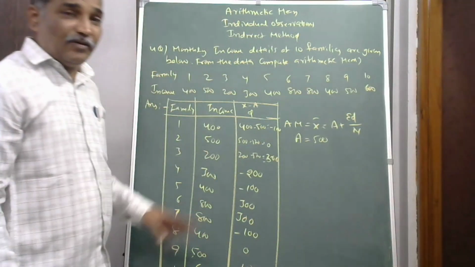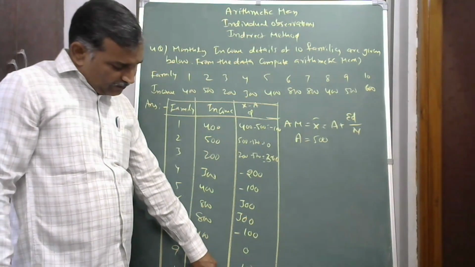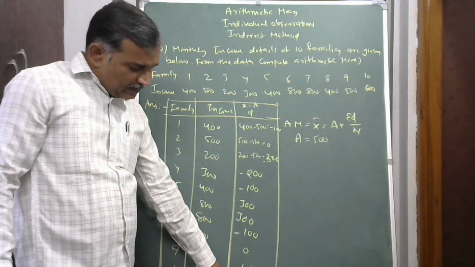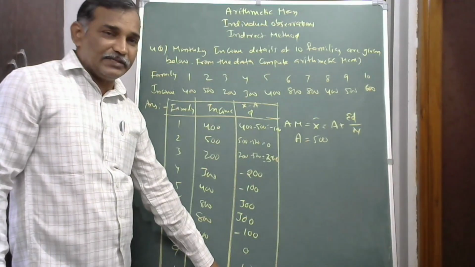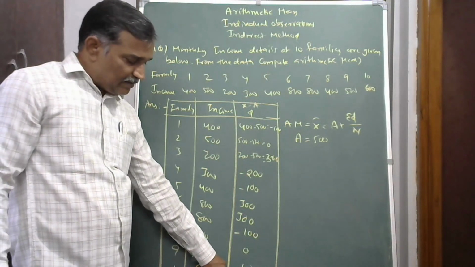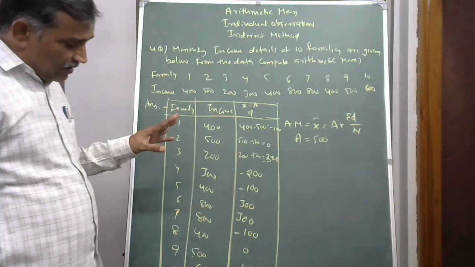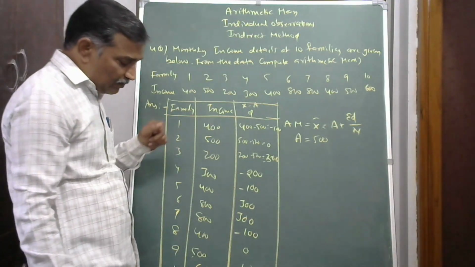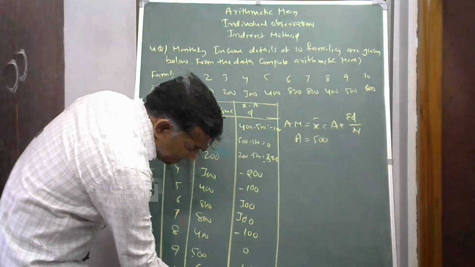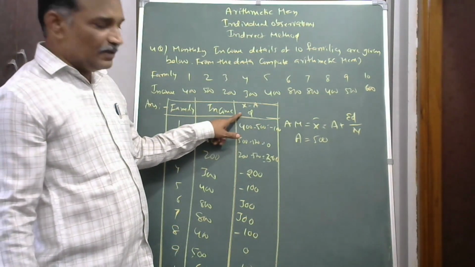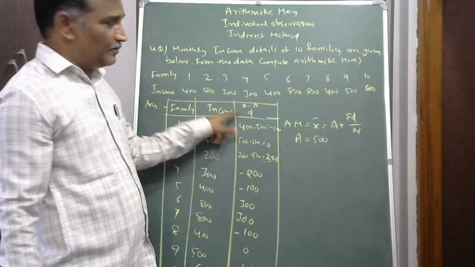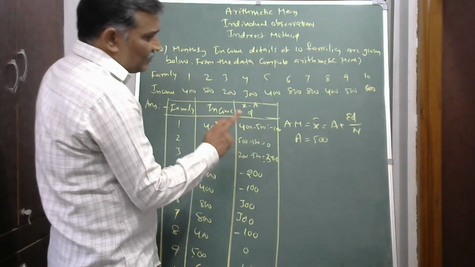But the negative values are more, it is minus 800 plus 700. So the value secured, we have to put minus. So it is minus 100. So the sum of the deviations is minus 100. So we will substitute these values here.